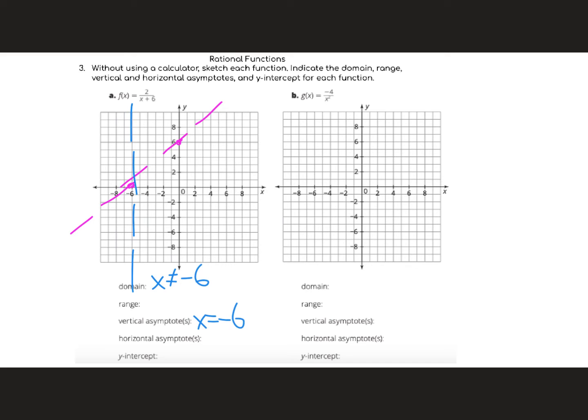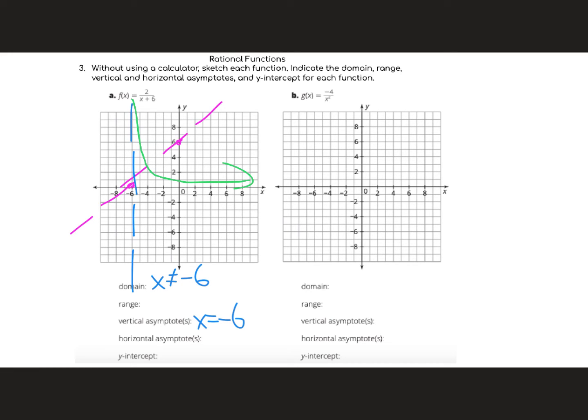The y-intercept we'll get to. So now, as x gets huge, you should recognize that this curve is going to go to 0. And since we're doing the reciprocal, see how we have positive stuff here and negative stuff here? I could be more specific, but basically your swoop's going to be like this.